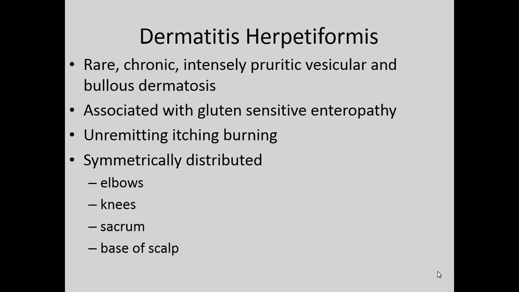It's not very rare as in the other conditions that we're going to talk about, but sometimes it is a manifestation or a presentation of a gluten allergy, and so we can have a gluten sensitive or associated enteropathic disease here, but the main presentation is we'll have vesicles and papules, and it's going to be very, very pruritic.